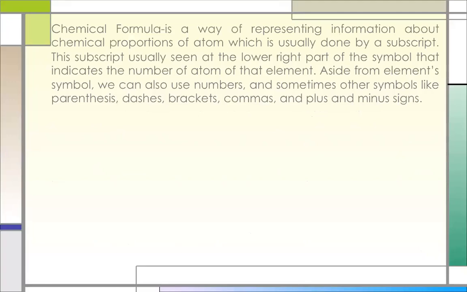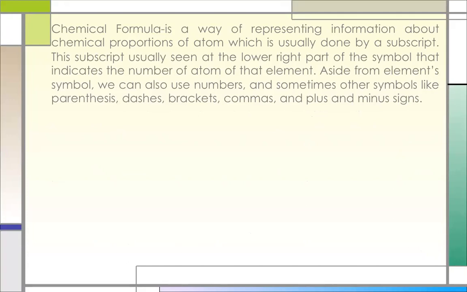A chemical formula is a way of representing information about chemical proportions of atoms, which is usually done by a subscript. This subscript, usually seen at the lower right part of the symbol, indicates the number of atoms of that element. Aside from element symbols, we can also use numbers and sometimes other symbols like parentheses, dashes, brackets, commas, and plus and minus signs.